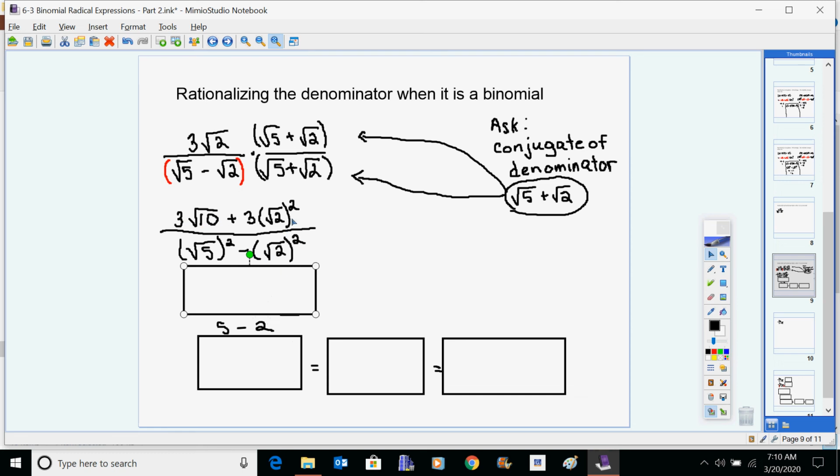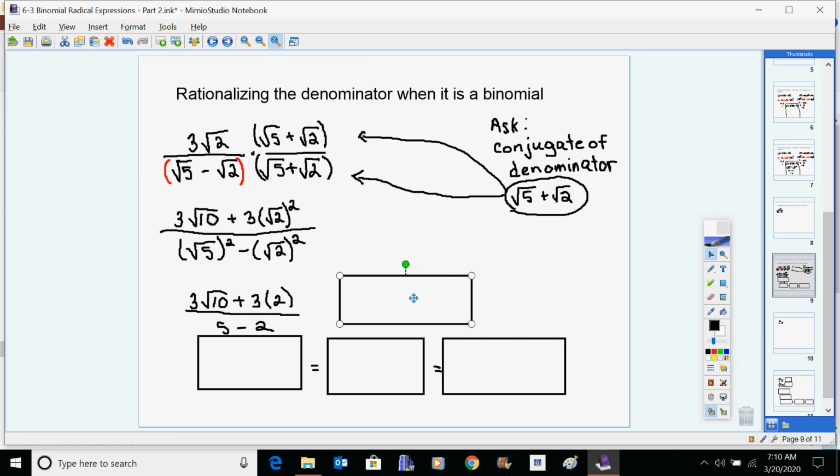In our numerator, simplify a little bit: square root of 2 squared is really just a 2. If you're having trouble thinking about that, square root 2 times square root 2 is square root 4, which gives me 2.